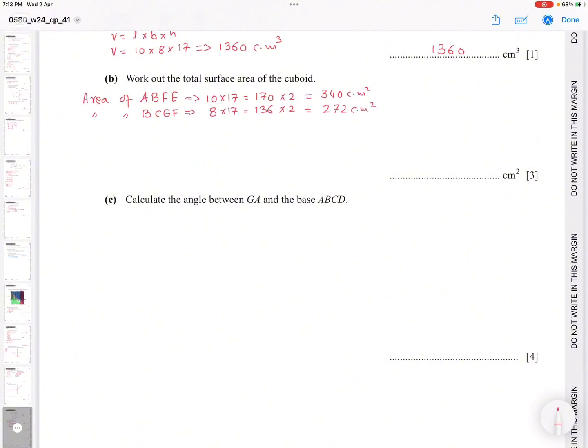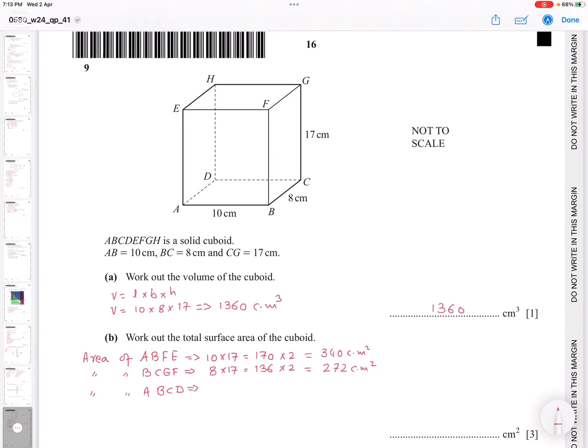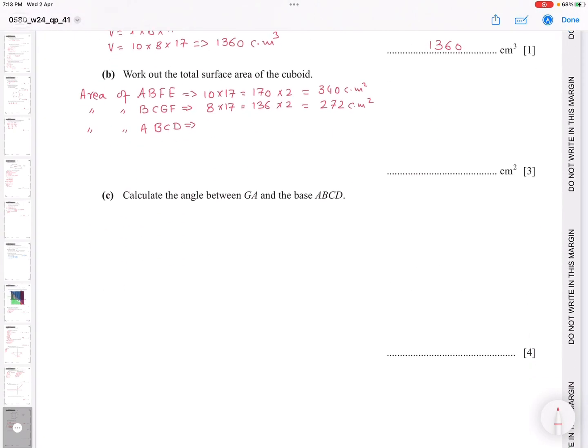centimeters square. Then comes area of the bottom, ABCD. You see the base ABCD, 10 into 8.